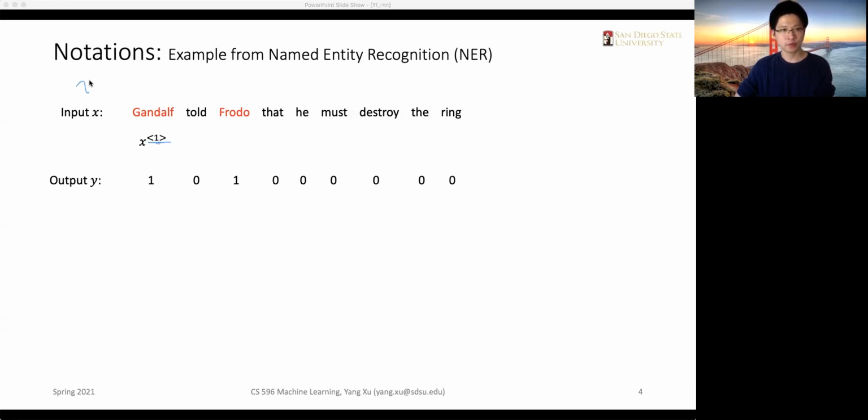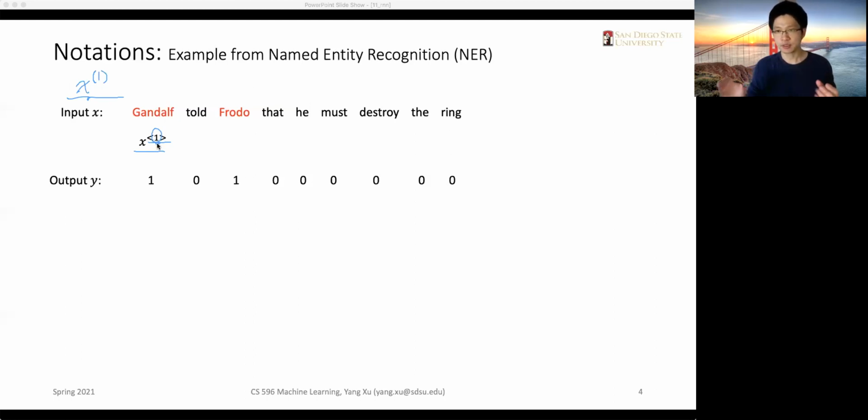What we used to do is to put x(1) in round parentheses, right? That will indicate one input feature, right? But this is not the case. We put it into sharp parentheses to indicate that the 1 here is not the first instance, but the first time step. Okay, so the meaning of the 1 is the first time step.